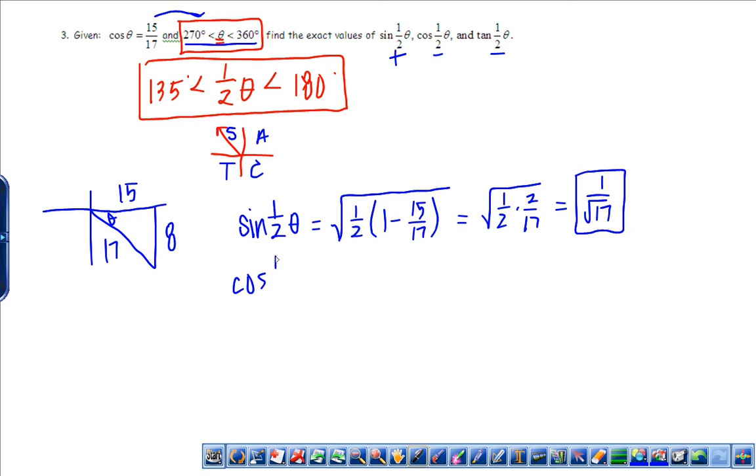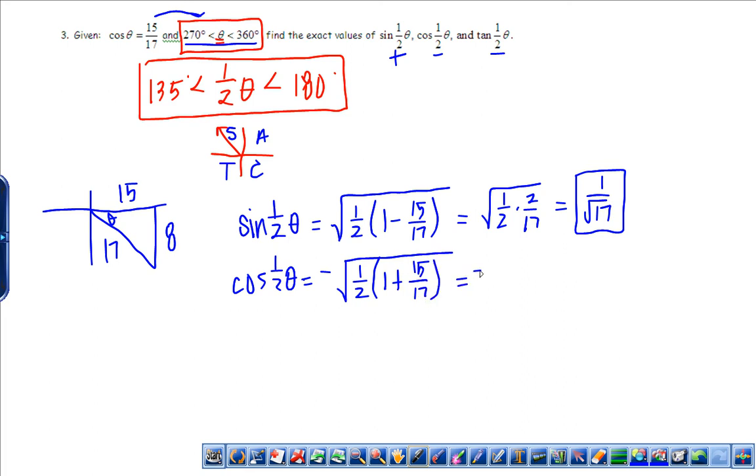Okay, cosine of my 1/2 theta. I'm going to be using the negative of this, because we said cosine of 1/2 theta is negative, square root. Cosine says to use 1/2 times 1 plus cosine of theta. So cosine we know is 15 over 17 again. And I'm going to be adding this.